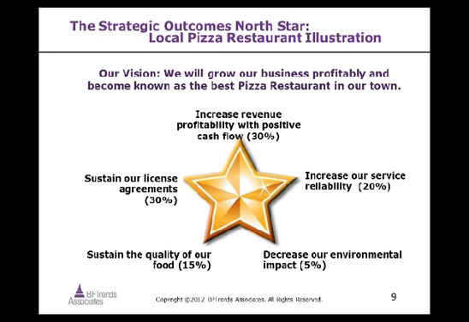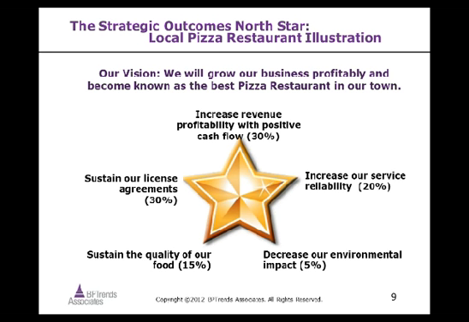And so in this particular case, we've said here that the pizza restaurant, it has to increase revenue profitably with positive cash flow. But in addition to that, we have another one called decrease our environmental impact. Well, but notice we've said that increased revenue, that's 30% of the 100% available to us in terms of consideration or value for overall. Whereas decrease our environmental impact is only 5%.